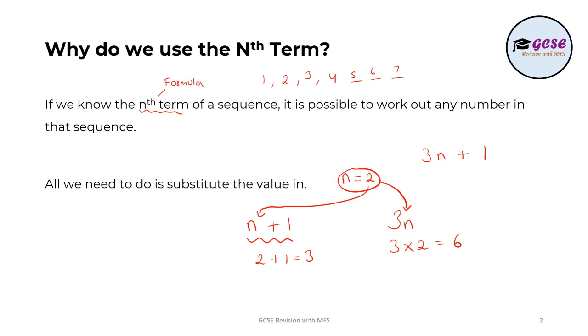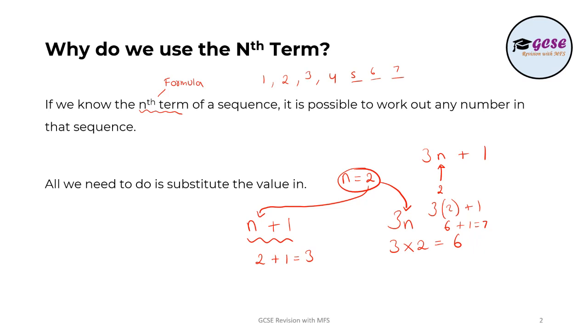All you would do is substitute n is 2 into the formula. So we just replace the n with the 2. 3 multiplied by 2 is 6. Add 1 is 7.